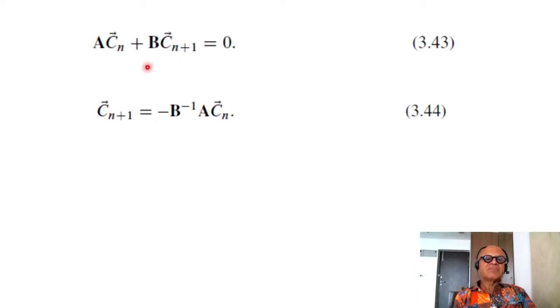So then c at n plus 1, solving for the vector of all values in all x's at n plus 1, is a matrix inversion, so obviously you know how to do the matrix operation: minus B inverse of A times cn.